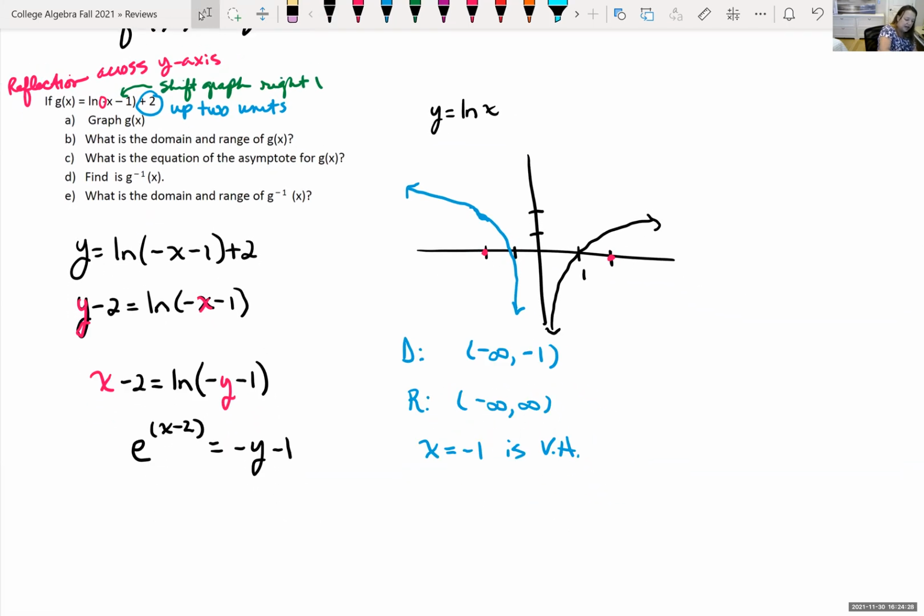Doing that, we have e raised to the x minus 2 power plus 1 equals negative y. Then multiply through by negative 1, and we get y is equal to negative e raised to the x minus 2 power minus 1. And that's our inverse function.